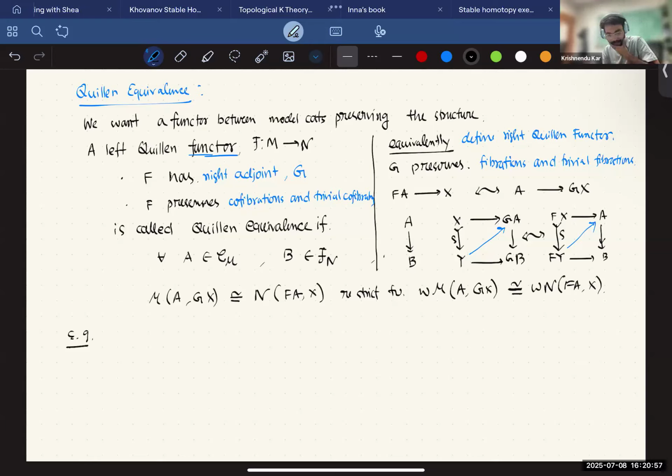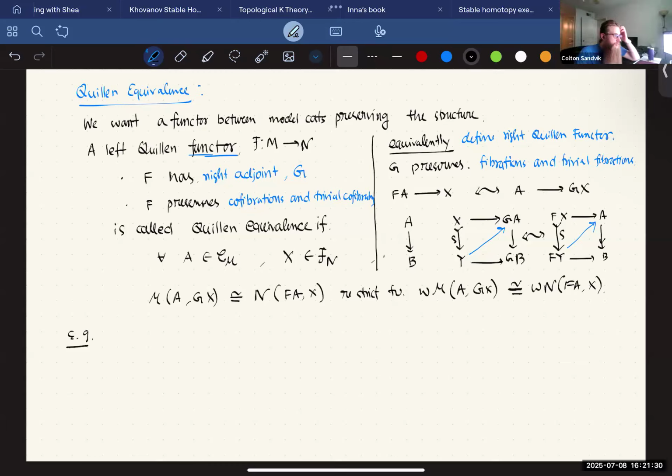I'm looking at A a cofibrant object of M and B a fibrant object of N. Yes, you're saying there's a typo: X should be B to make it make sense with what you wrote, or B should be X. Right. Thank you. Yes.